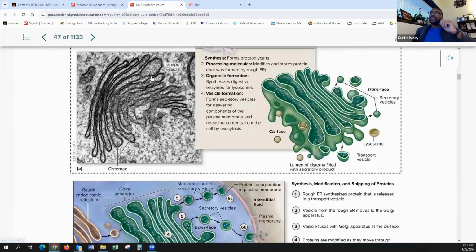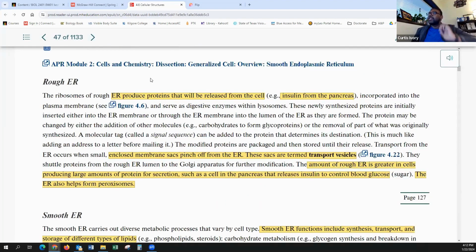With some of these structures that we mentioned at the beginning, the endoplasmic reticulum produces proteins that are released from the cell. This can be insulin that's secreted from the pancreas. This could be keratin. Essentially, it just produces proteins.